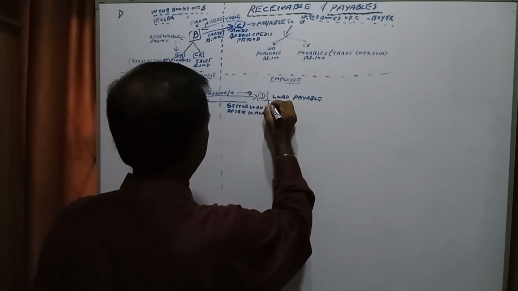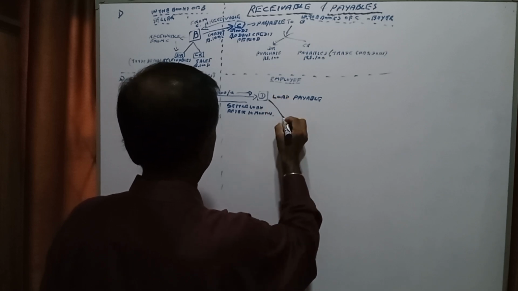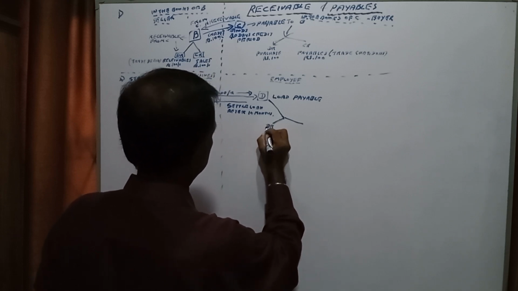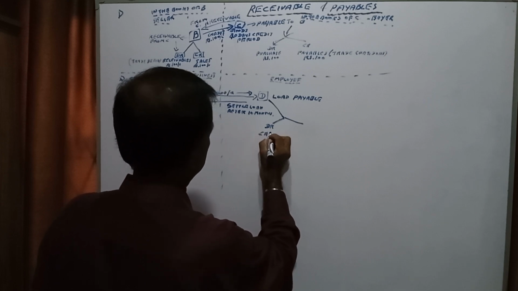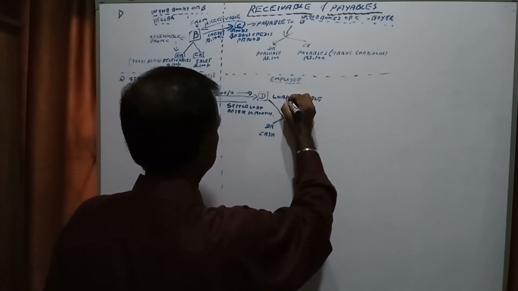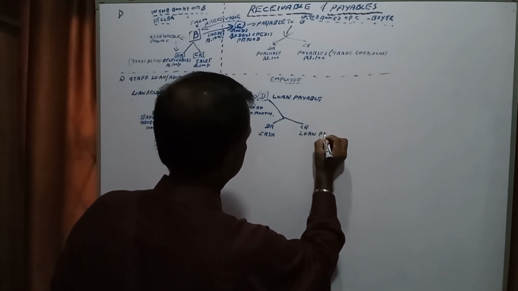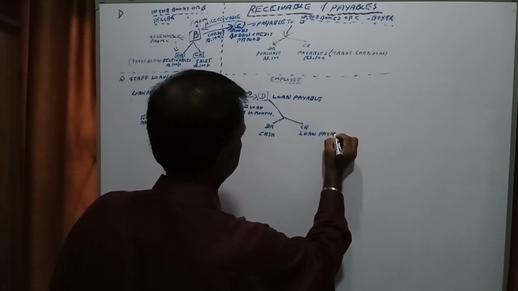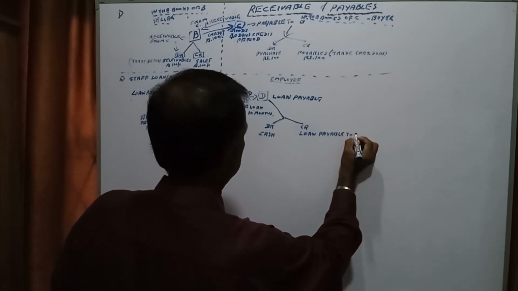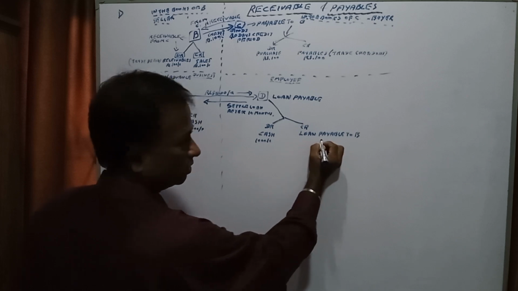Okay, in the books of D we say debit cash, credit loan payable to B. How much? 1,000.